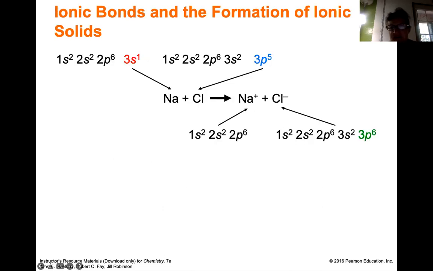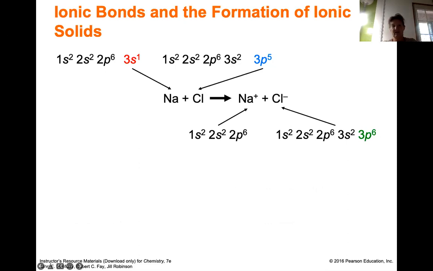This is the only thing we'll talk about with the formation of ionic solids. The section on forming an ionic solid really goes better with chapter 8 when we're talking about energy released in reactions, so I just wanted to talk a little bit about this. We've drawn the electron configurations for sodium and chlorine when they form a cation and an anion.